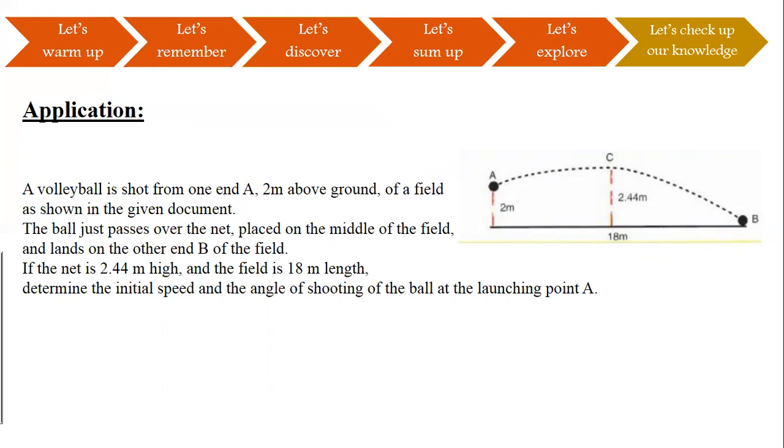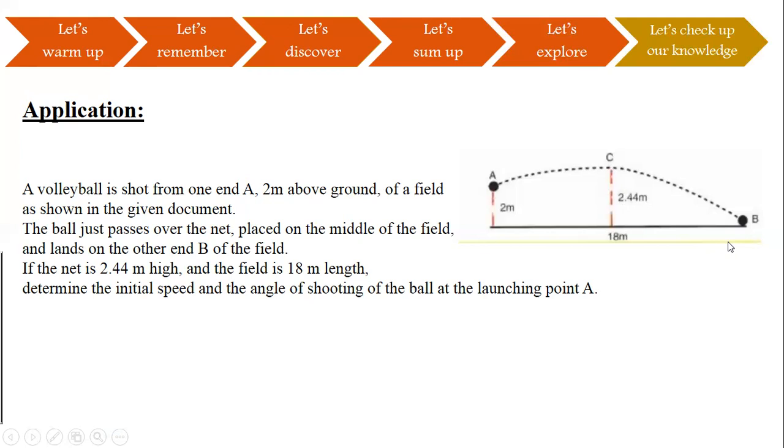If the net is 2.44 meters high, as you can see here, they said that the net is placed in the middle of the field. Then this is the maximum height, 2.44 meters. And I also have the range.